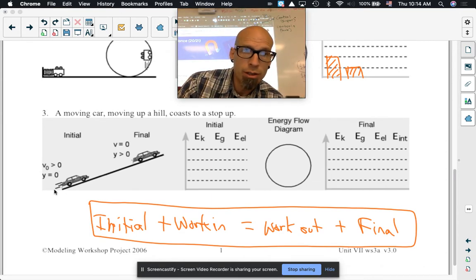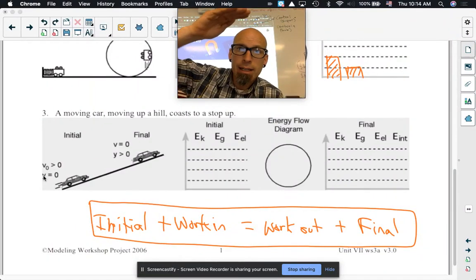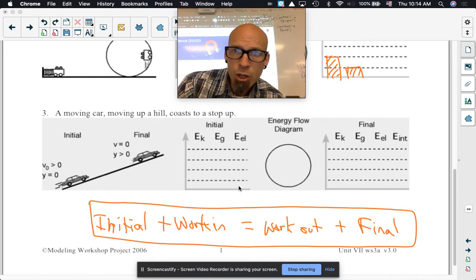We have lines of motion there. Our y represents height. So we have a height that is 0 at the bottom. No height, but there is motion, which tells me we don't have gravitational because we don't have height. We don't have elastic because nothing's been stretched or compressed, but we do have kinetic, and that's all we have.